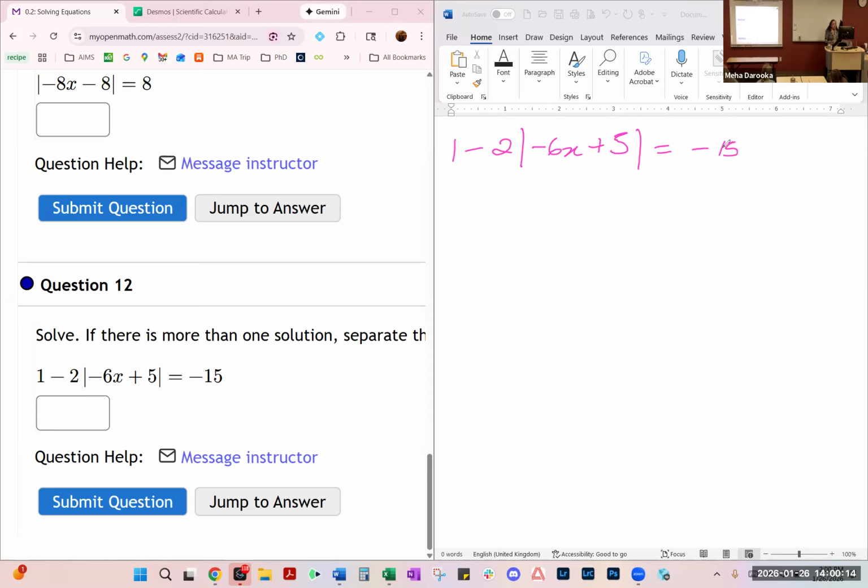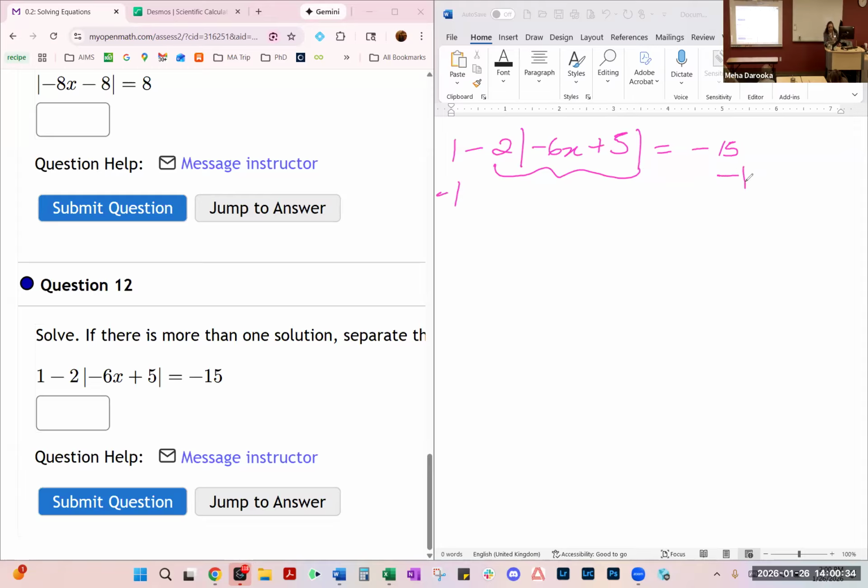So order of operations here again, guys. That -2 is being multiplied into the -6x plus 5, so we cannot do anything with this right now. Leave it as it is, but you can see that 1 is a constant number. It is a positive one, which means when you move it, we'll need to subtract it.